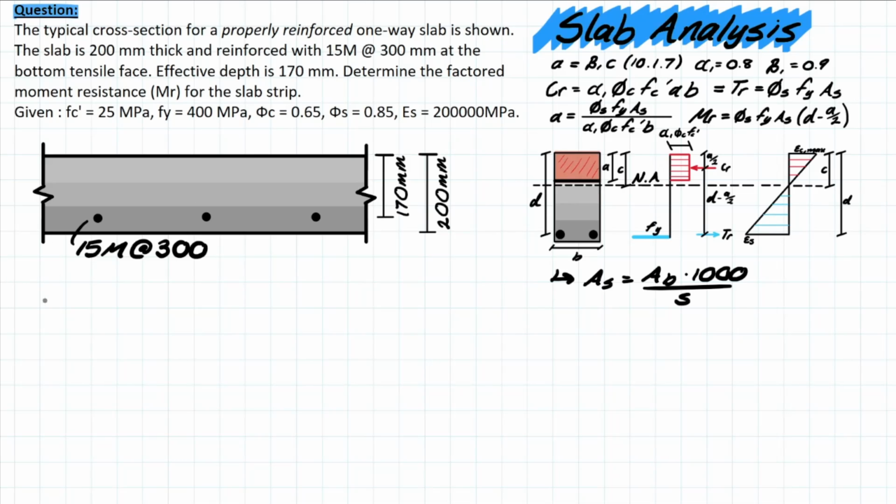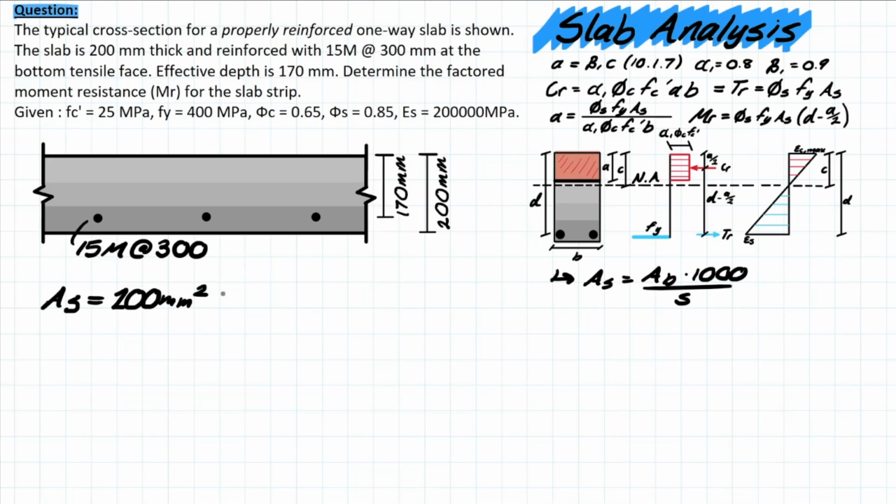Now, the next thing that we need to look at is this area of steel that we were talking about. Since we know that we have a slab segment now, we have to consider a 1 meter segment and then convert this area of steel into a per meter value. And we do that by using this formula. For a 15M bar, we have a 200 millimeter squared cross section.